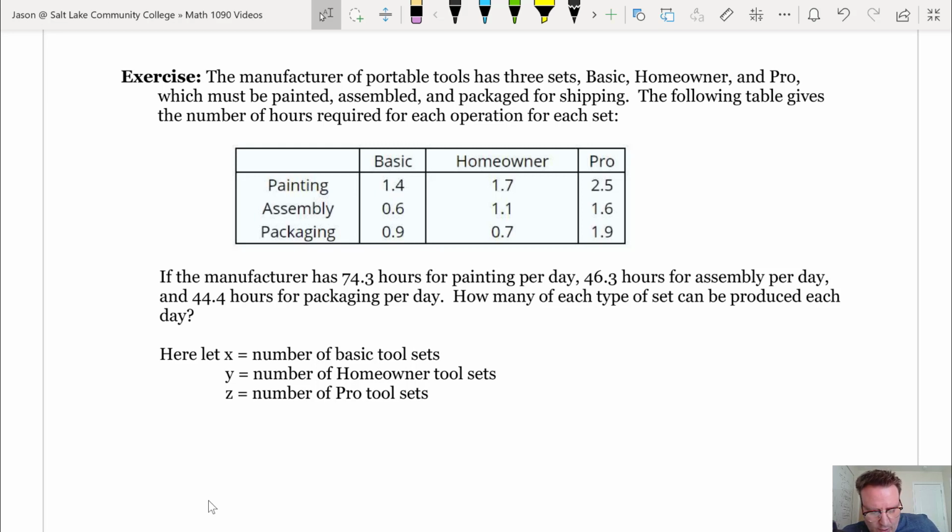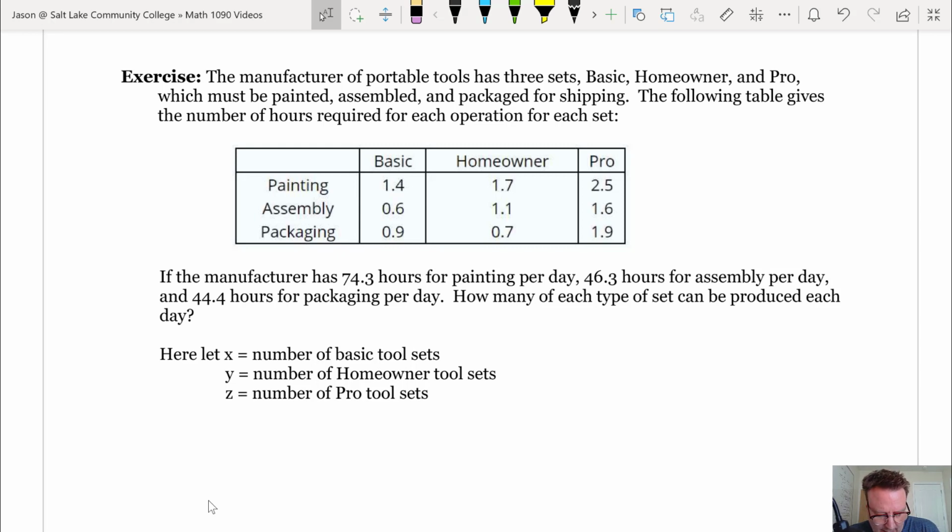All right, let's continue on. If the manufacturer has 74.3 hours for painting per day, 46.3 hours for assembly per day, and 44.4 hours for packaging per day, how many of each type of set can be produced each day? Okay, so they give us a little hint here on what variables to use.